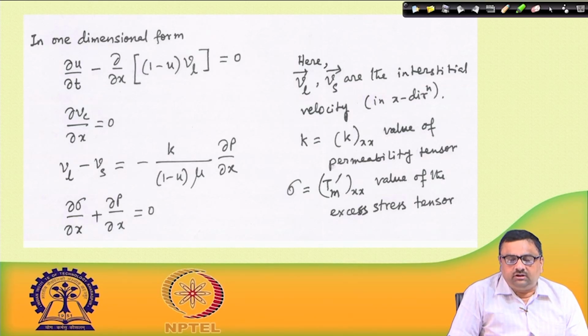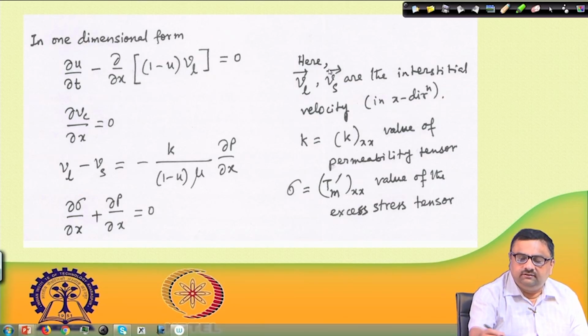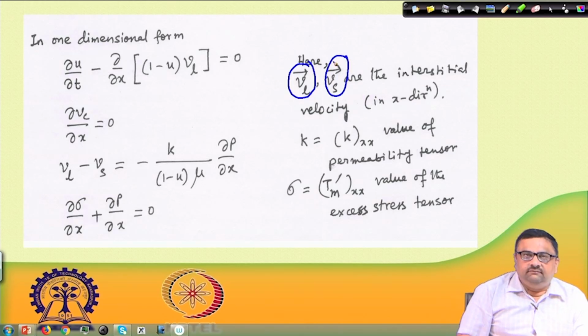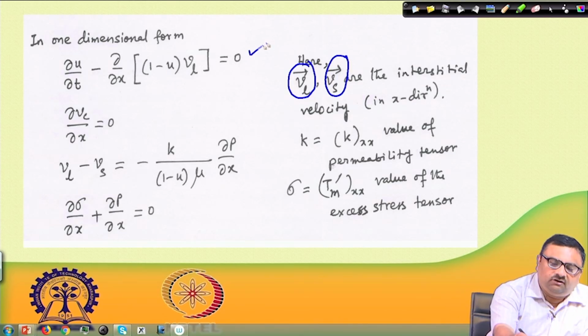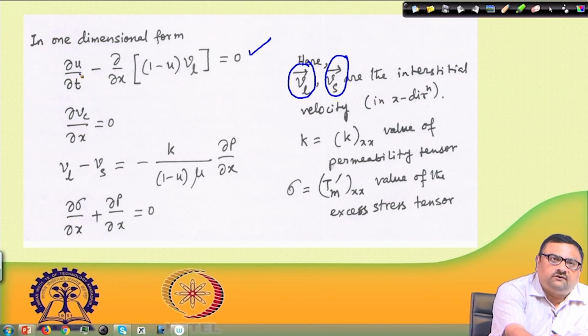So, we talked about two velocities V L and V S. These are interstitial velocities, and then we said that on one hand we have a continuity on the liquid phase, where u is the solid fraction, that means 1 minus the porosity.